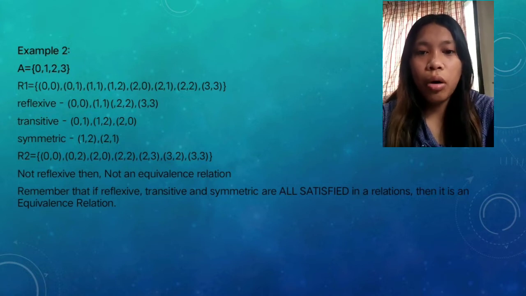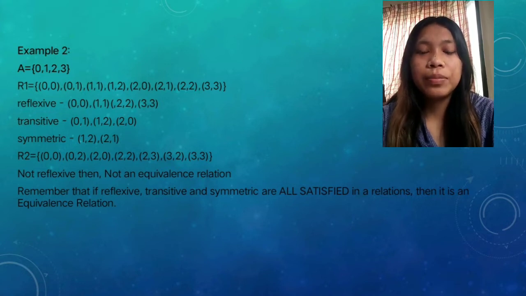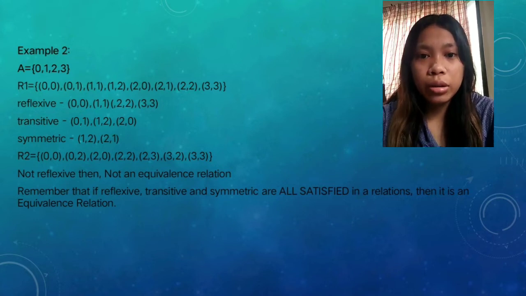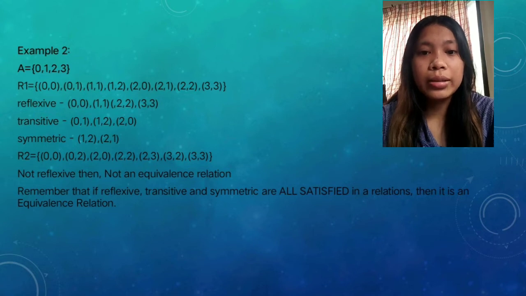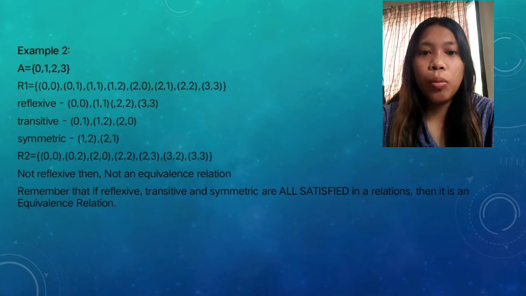Next, R2 or relation 2. R2 has ordered pairs of (0,0), (0,2), (2,0), (2,2), (2,3), (3,2), and (3,3). R2 is not an equivalence relation because, first, it is not reflexive, because it doesn't have the ordered pair (1,1) or an ordered pair with the member 1.